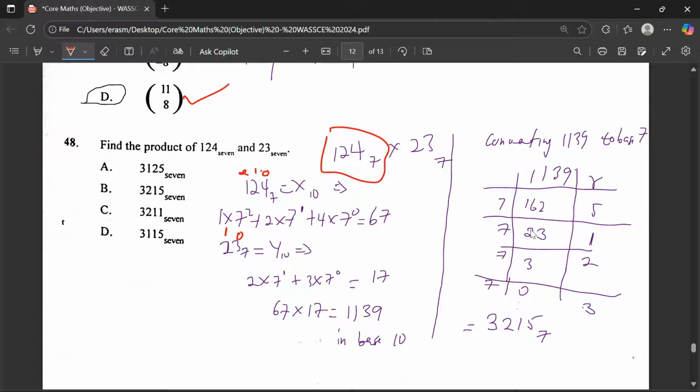Then 7 divides 23 by 3 times, a remainder of 2. Divide 3 by 7, 0 times, then a remainder of 3. Then we are going to write these values in this order. So we are going to have 3215, 3215 in base 7. Or you can write it this way. So that is the right answer.